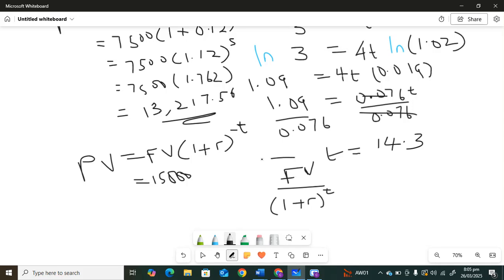Yes. So with this formula, it's like multiplying future value times 1 over (1 plus r) to the power t. Since this is at the denominator, if you want to bring it to the numerator, then with that law of indices, you reverse it. It's just the laws of indices being applied.